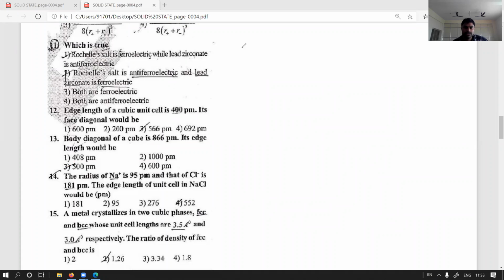Already we know that in NaCl, the edge length a is equal to 2 into radius of Na plus plus radius of Cl minus, the anion.